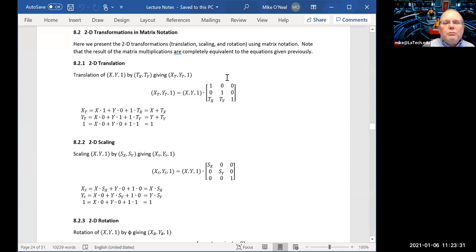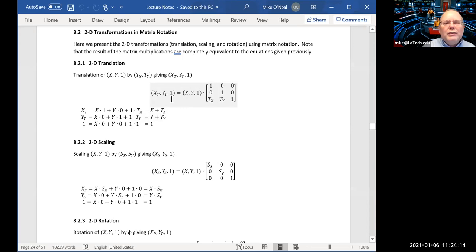If you take the first row and multiply it times the second column, you'll get Y translated, the second term, and that'll be X times 0, which is nothing, Y times 1, which is just Y, plus 1 times T of Y, which again is the translation factor in Y. So Y translated is just Y plus the translation factor in Y. And finally, first row times the third column: X times 0 is 0, Y times 0 is 0, plus 1 times 1 is 1.